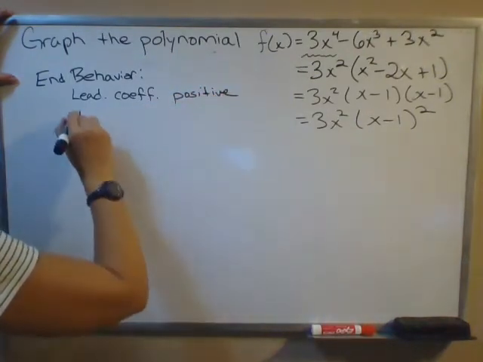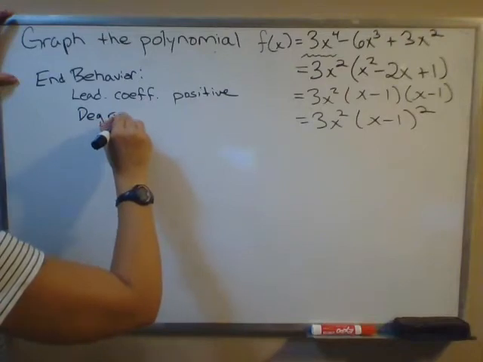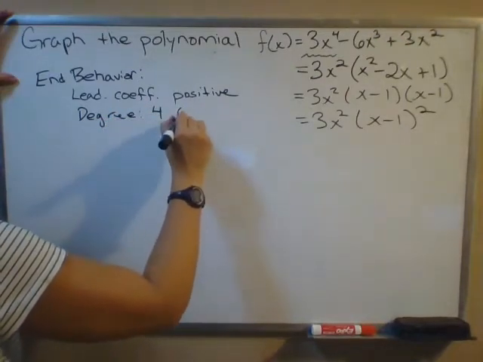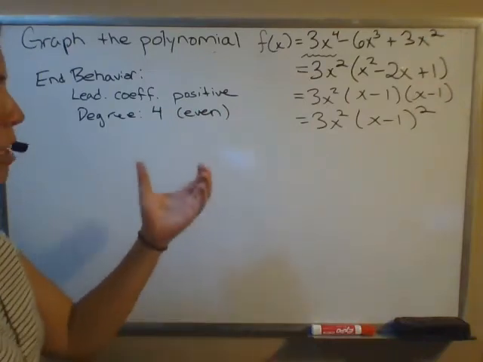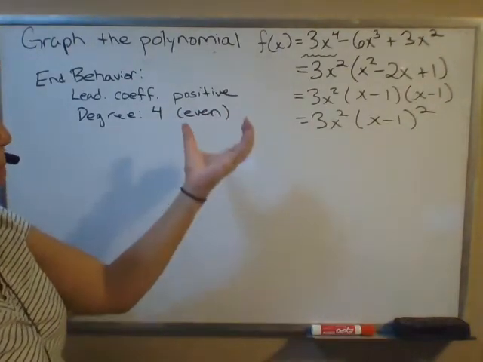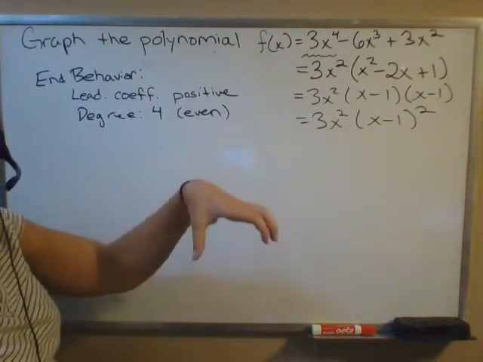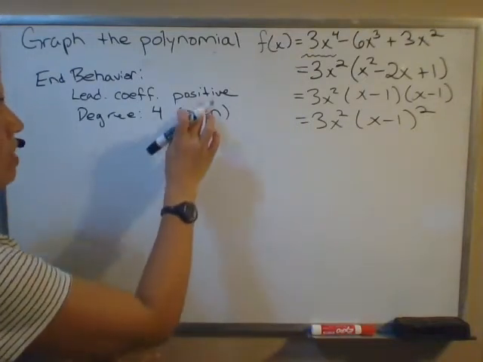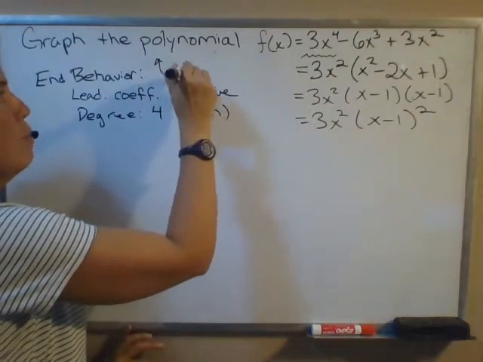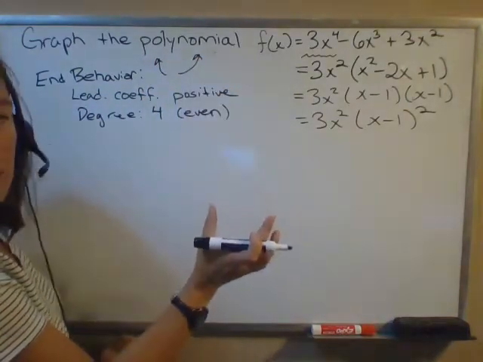And we know that the degree is 4, which is even. So even degree end behavior is going to look like a parabola, either pointing up with a positive leading coefficient or pointing down with a negative leading coefficient. So this one's got a positive leading coefficient, even degree. End behavior is going to be that it points up. It's going to look like a parabola pointing up.